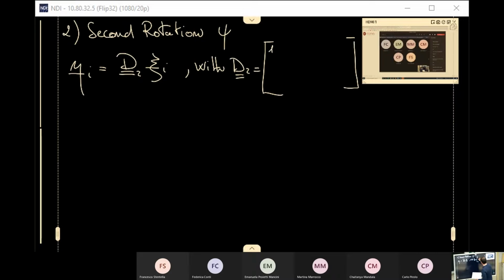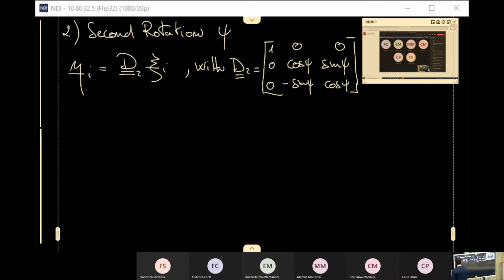So we have something like this: 1, 0, 0, 0, 0, right? Because the axis of rotation is 1, xi1. And then cosinus of psi, sinus of psi, minus sinus of psi, cosinus of psi. Yeah?